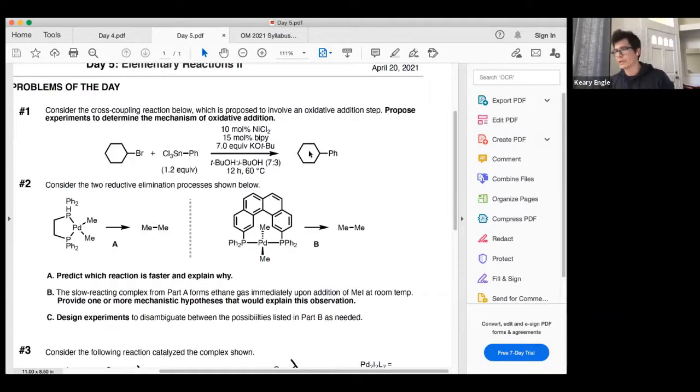Specifically, it's asking to consider only the oxidative addition step and ask, how is that happening mechanistically? And how would you design an experiment to rule out other possibilities? So think about all possibilities. I mean, we just covered the key types, so it's sort of self-evident what we're talking about, and then design an experiment that would allow you to rule out the other possibilities.